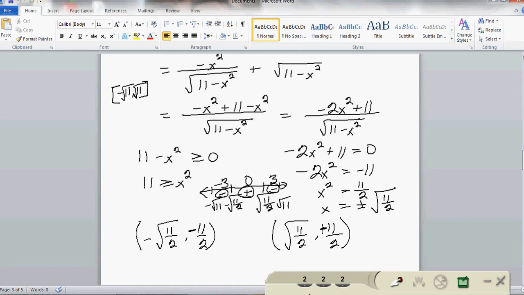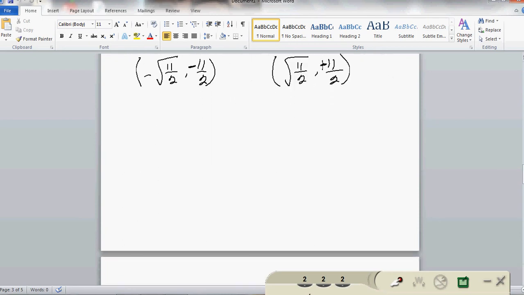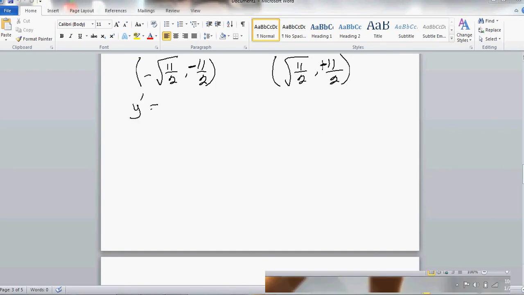So let's first off rewrite this into a user-friendly form, and then we'll go from there. Y prime in a user-friendly form would be negative 2x squared plus 11 times 11 minus x squared raised to the negative 1/2.